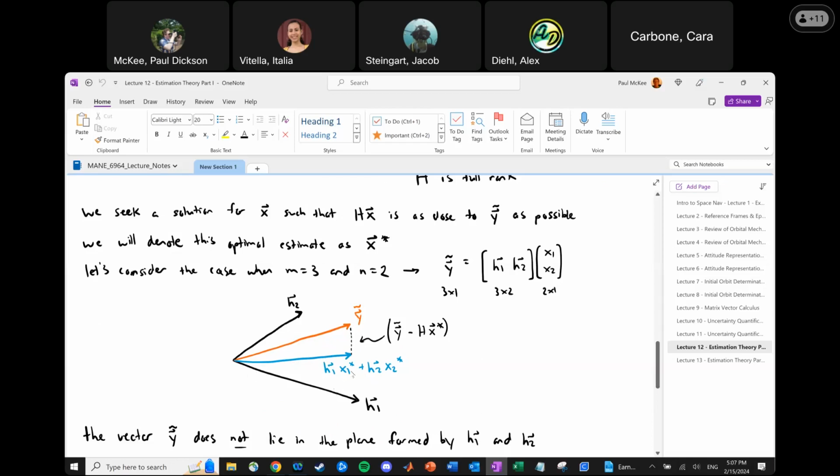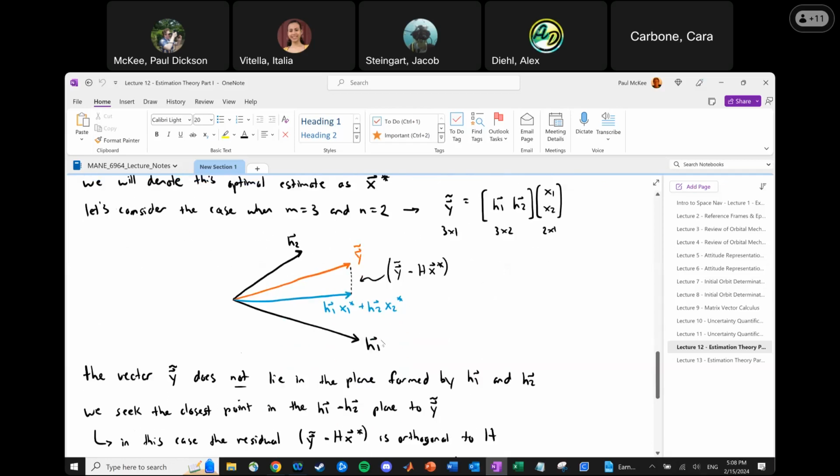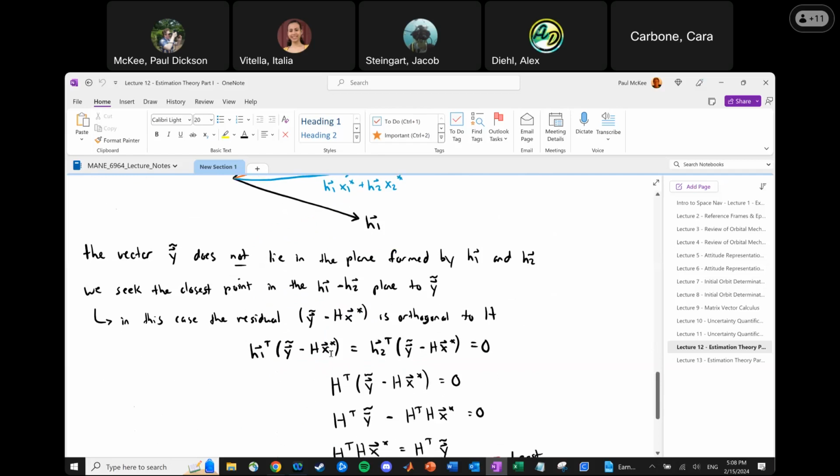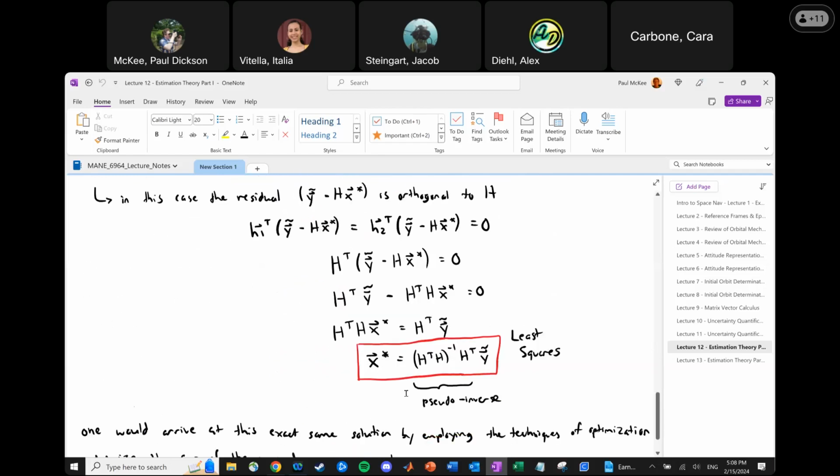That's what we do. We get to command x1 and x2 in this two-dimensional or three-dimensional case. We can command the elements of the state to best approximate the measurements. If we treat this as a geometry problem and solve it, we get what ought to be a familiar equation for those of you that have seen least squares before.